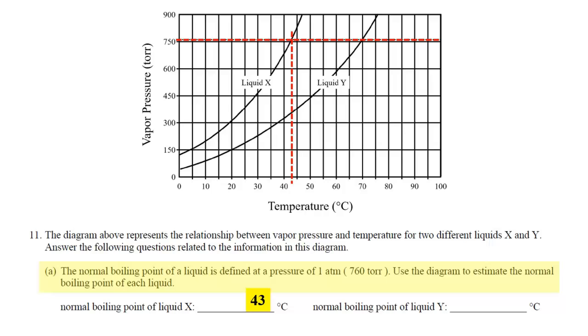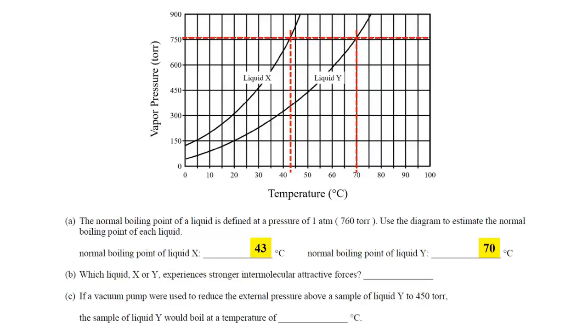So that would be the normal boiling point of liquid X. Now, moving on to the curve for liquid Y, when I see where that curve intersects 760 torr, it looks like it's around 70 degrees Celsius. So liquid Y has a higher normal boiling point than liquid X, which gets us the answer to part B.